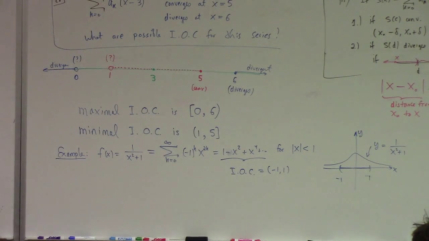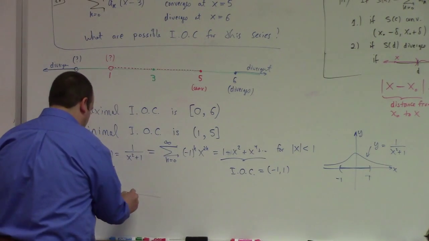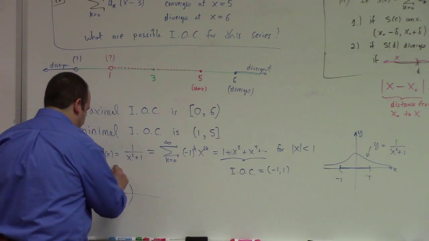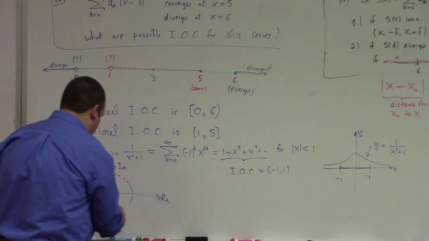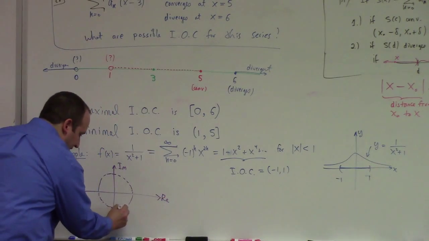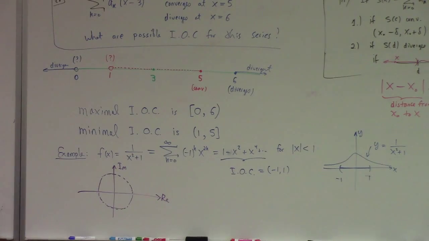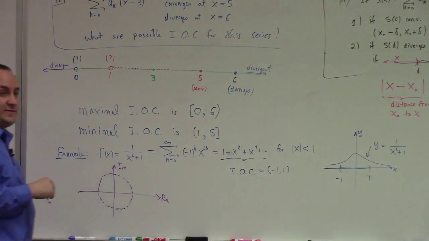So the way we should really think about this is as a complex function. In the complex domain, if this is the imaginary axis and this is the real axis, then you have this actual disk of convergence. It's still true if you think of x as a complex variable that you have that series expansion.